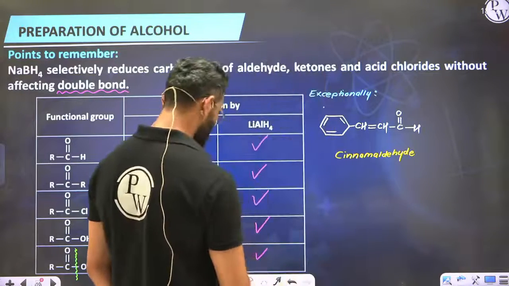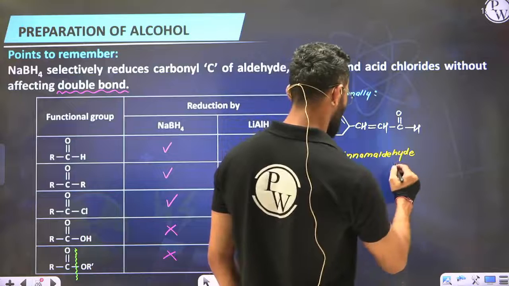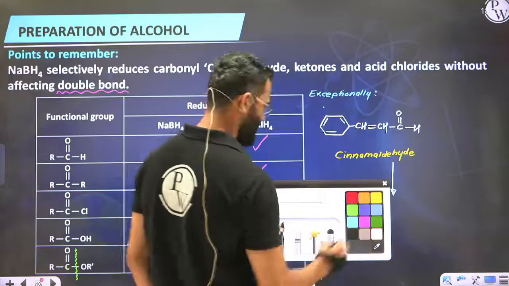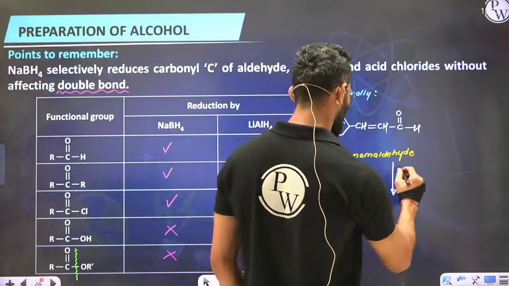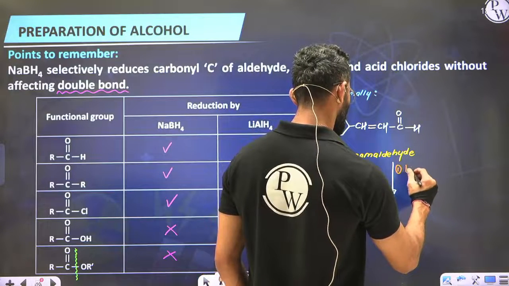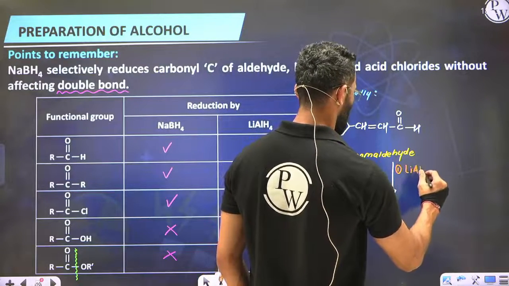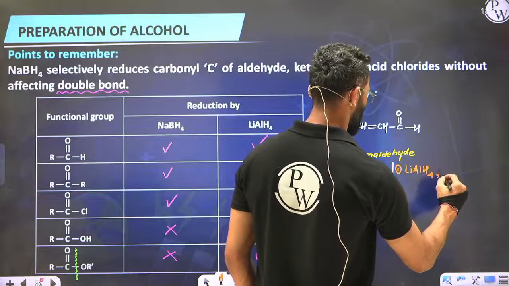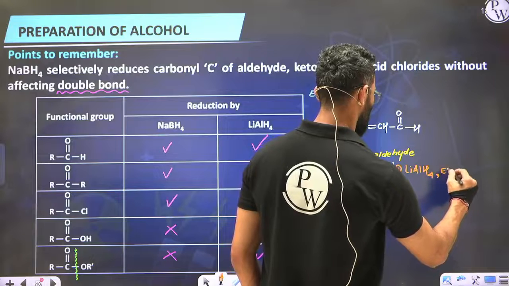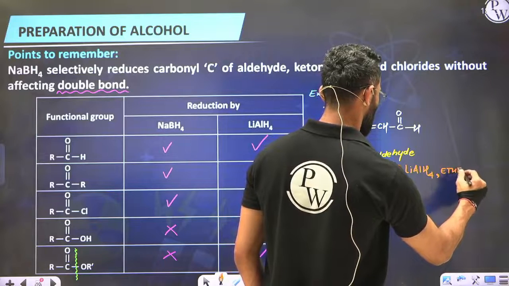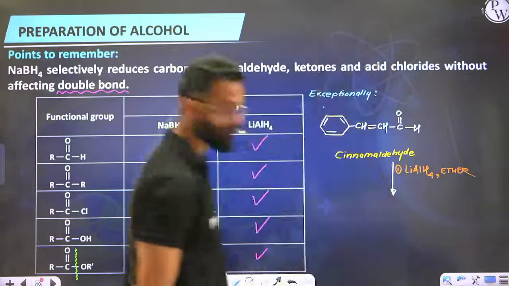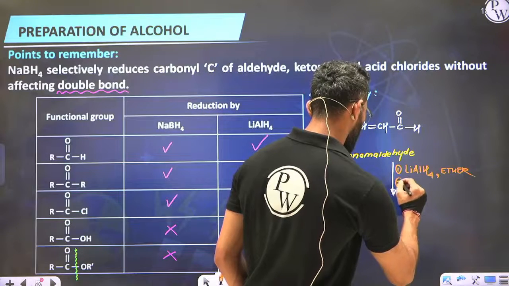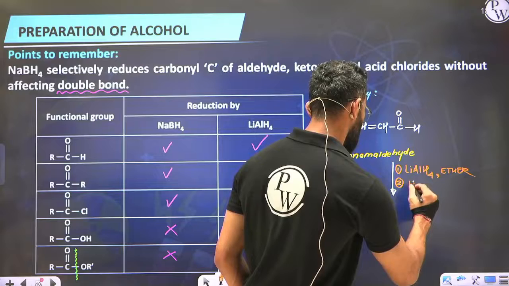Let's say we are treating this cinnamaldehyde with the following conditions: number 1 is LiAlH4 in ether, and the second one is followed by hydrolysis.